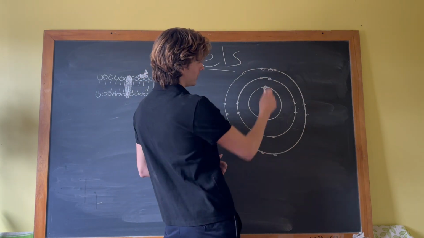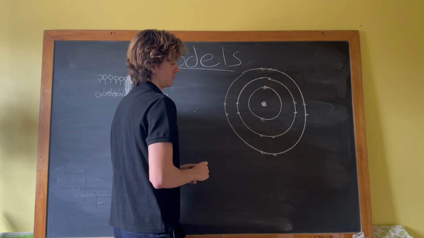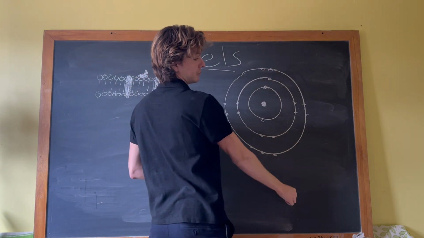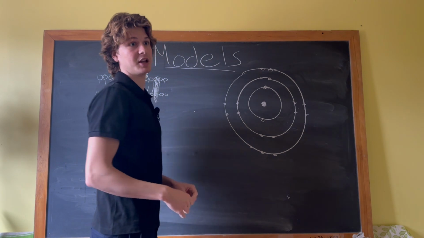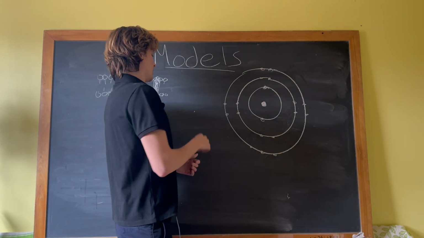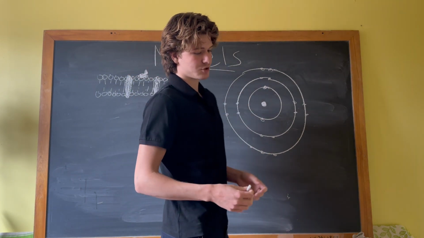But at any given point, an electron could be here, but it could also be over here. Or it could be here, right? This electron here could be over here. It could be anywhere in the universe at any given time, right? So obviously this is really only useful when it comes to chemistry and biochemistry.